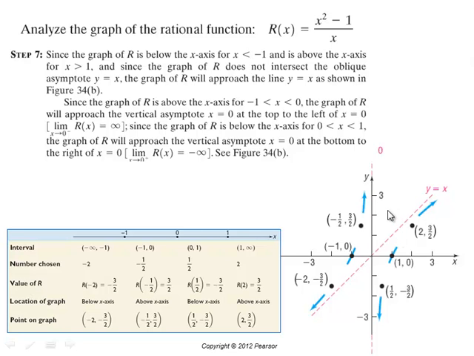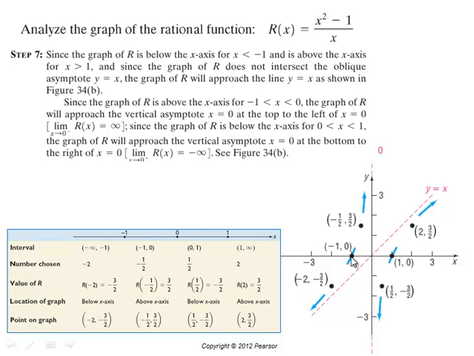We know, for example, that on the interval from negative 1 to 0 the function is positive, and that x equals 0, meaning the y-axis, is a vertical asymptote. So that means that as x approaches 0 from the left, the graph is going to go straight up toward positive infinity. But we have the x-intercept right there at negative 1.